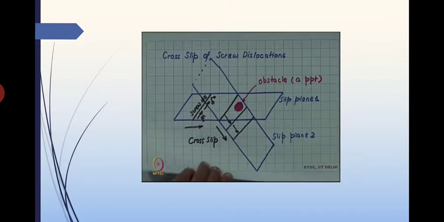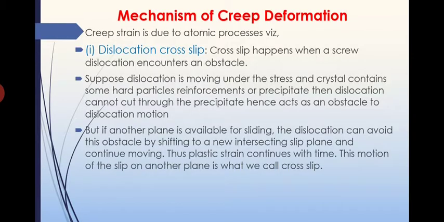Here, because of this obstacle, the dislocation is supposed to be stopped, but since another slip plane is available for free movement of this dislocation, it will take that path and move freely. That means this deformation will take place easily, or the material is becoming less resistant to that deformation, and that indirectly means straining is happening. That means it will contribute to the creep.